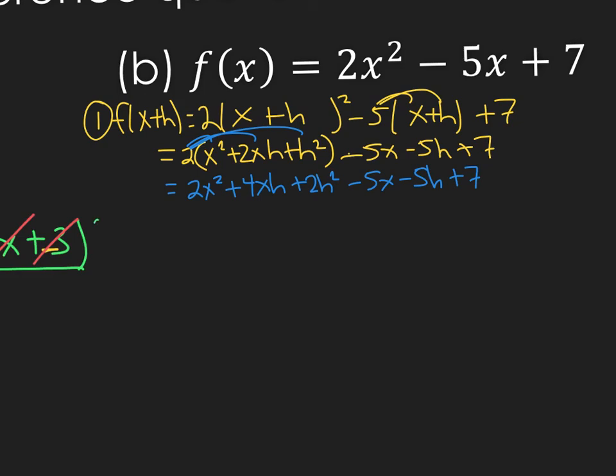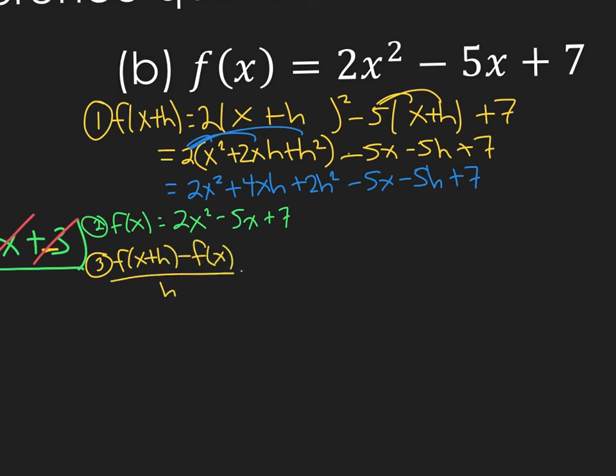Now we're ready for the second step, which is just to recopy our f of x function. And now our third step is to actually do the difference quotient, which, if you've forgotten, is f of x plus h minus f of x all over h. So here we go.